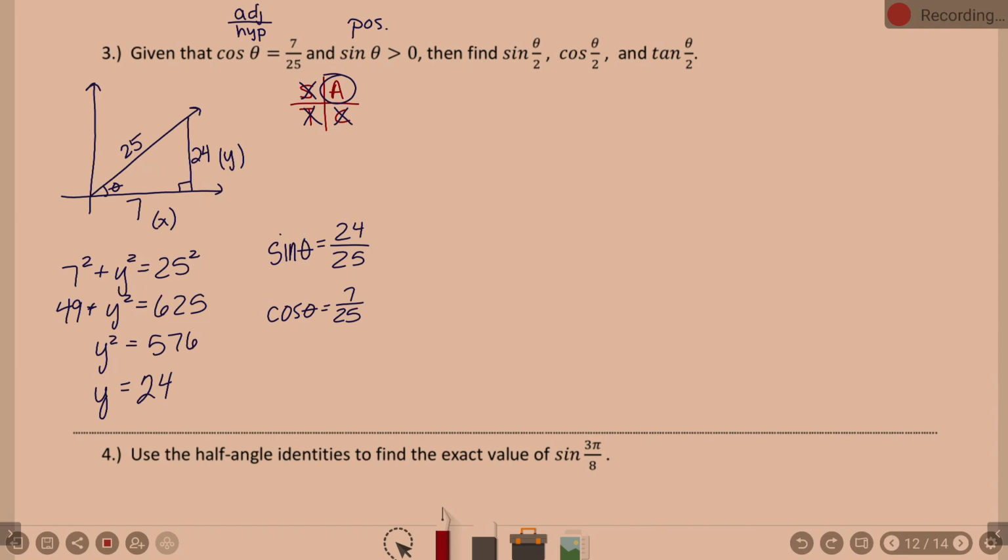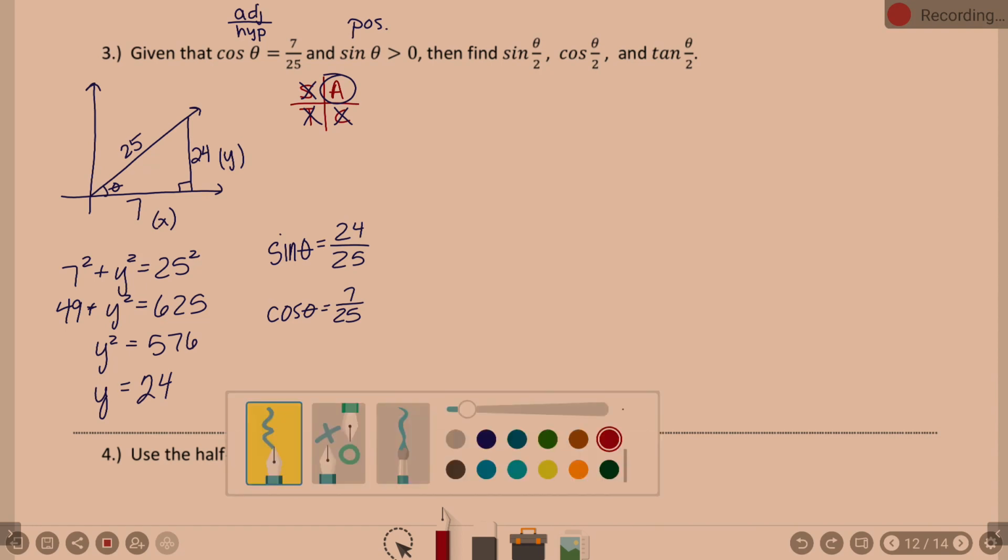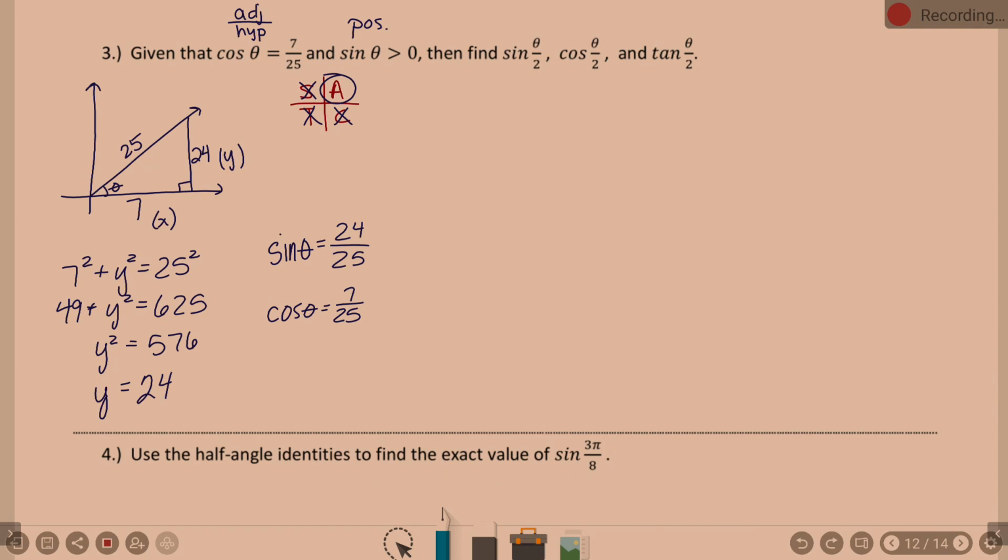And then we were asked to find 3 half angle. So the first one we're being asked to find is sine of theta over 2. If you look at the front of your page, there is an identity for that, yes? What's that identity for sine of theta over 2?